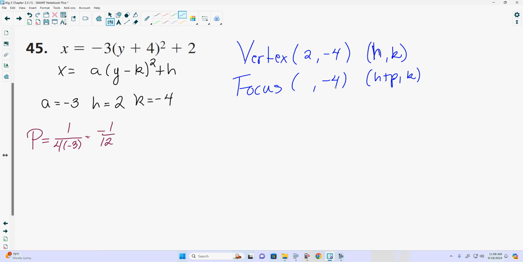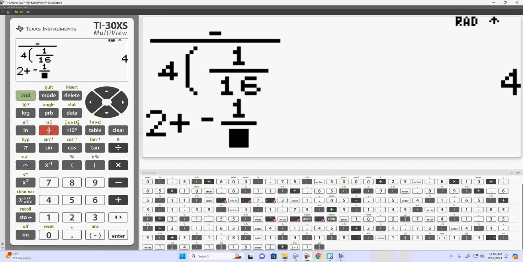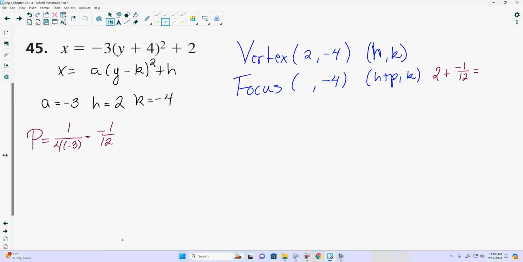To get the first value, well, we have to take our h value, 2, and add negative 1/12 to it. Negative 23/12. Yes. So 23/12.